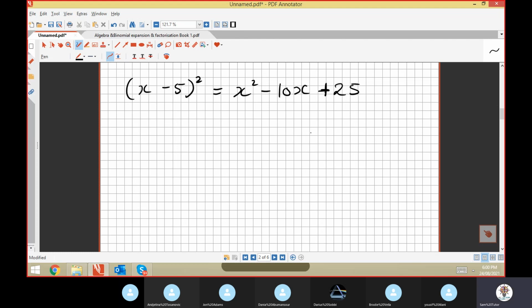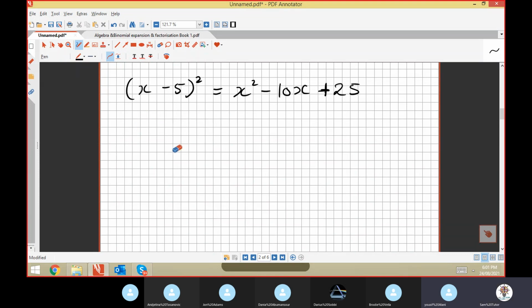Does that make sense, Aya? Why is it not x squared plus 10x? Because what's attached to the 5? Negative. Exactly. So what's negative 5 times x times 2? Negative 10x.